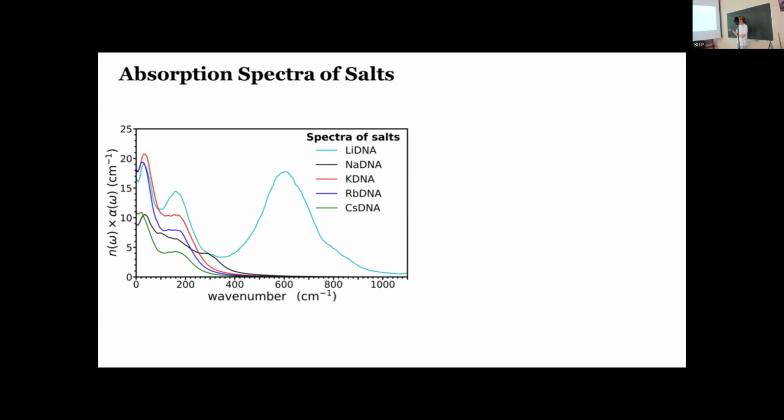The positive ones are characterized by 3 distinct bands for lithium and sodium, while the others are characterized by only 2 bands.